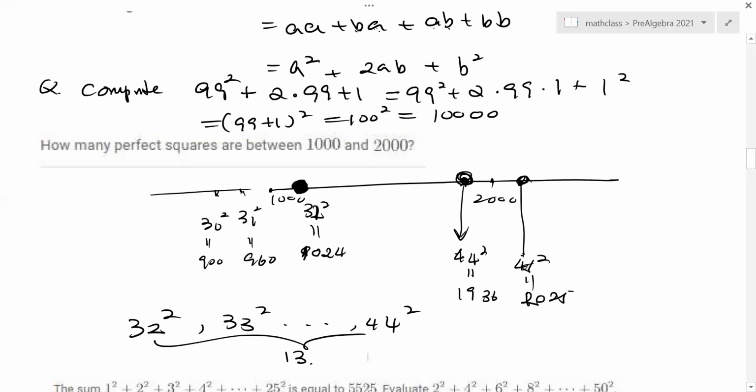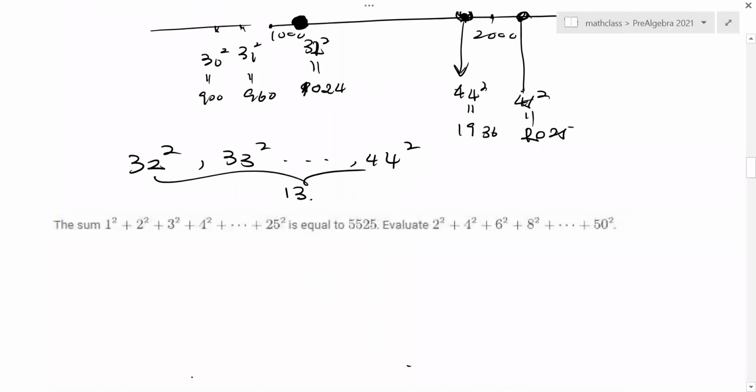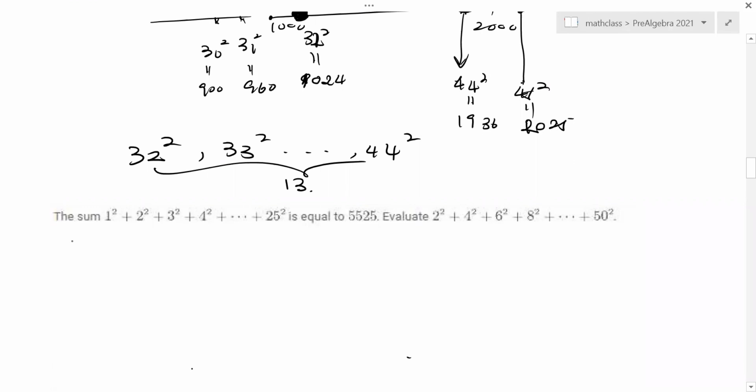I'm going to look at this. We do have a general formula to find 1 squared plus 2 squared plus 3 squared, all the way to 25 squared. Let me list the formulas, but maybe you can think about how to prove them. 1 plus 2 plus 3, all the way to n, is n times n plus 1 divided by 2.